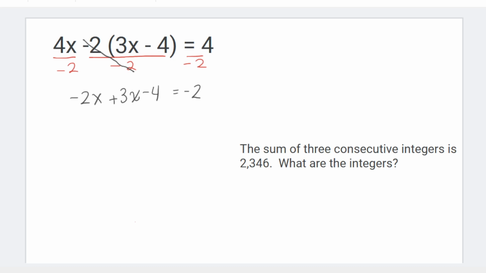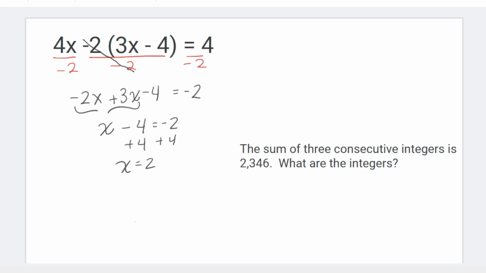So by dividing each term, we have made it possible to go ahead and combine our like terms and not worry about those parentheses. So when I do that, -2x plus 3x is a positive 1x. And if I add the 4, I get x is positive 2.